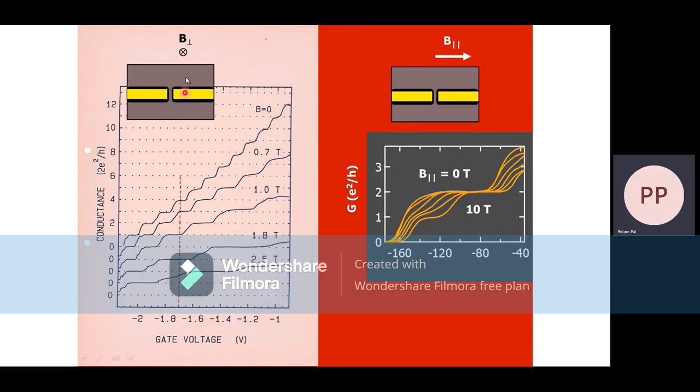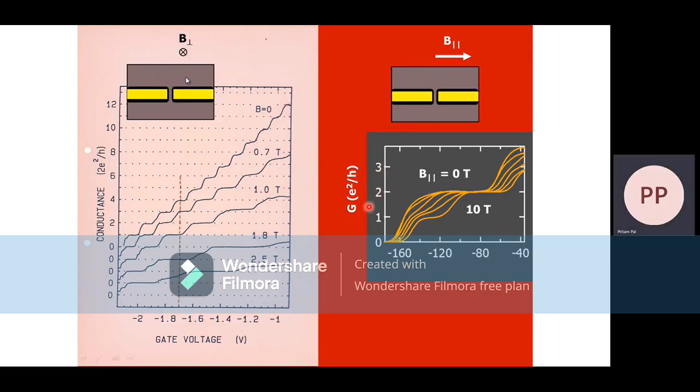So the degeneracy has been broken, and the subband number essentially doubles because the spin up and spin down do not have the same energy, and therefore the conductance becomes quantized in units of e²/h, right?